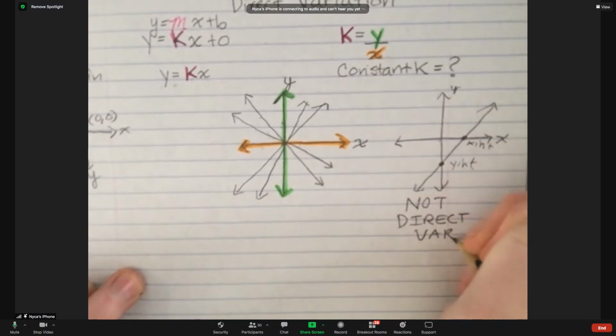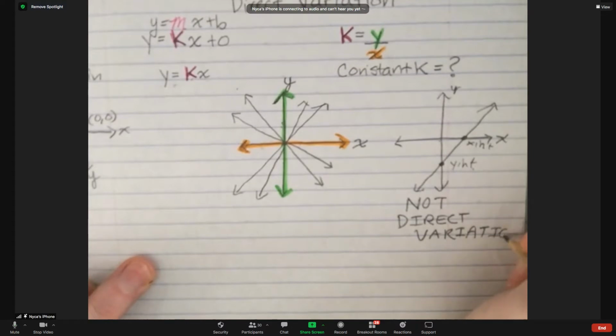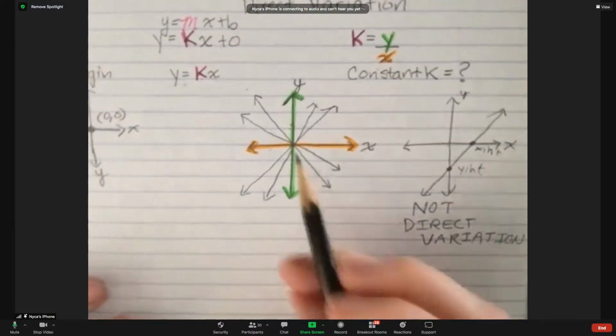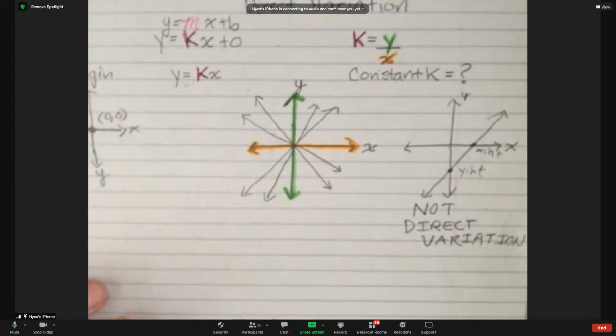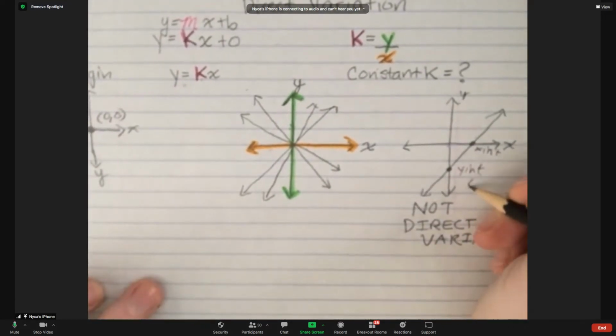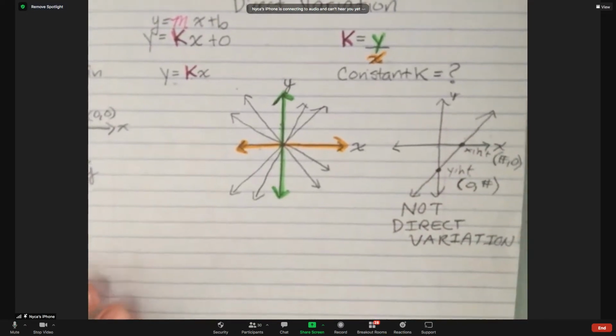So looking at a graph, all you have to say is, is it a linear line, which is a straight line? Does it go through the origin? If it does, then it's direct variation. If it does not, and it has an x-intercept or a y-intercept that is a number other than 0, that won't be the case.